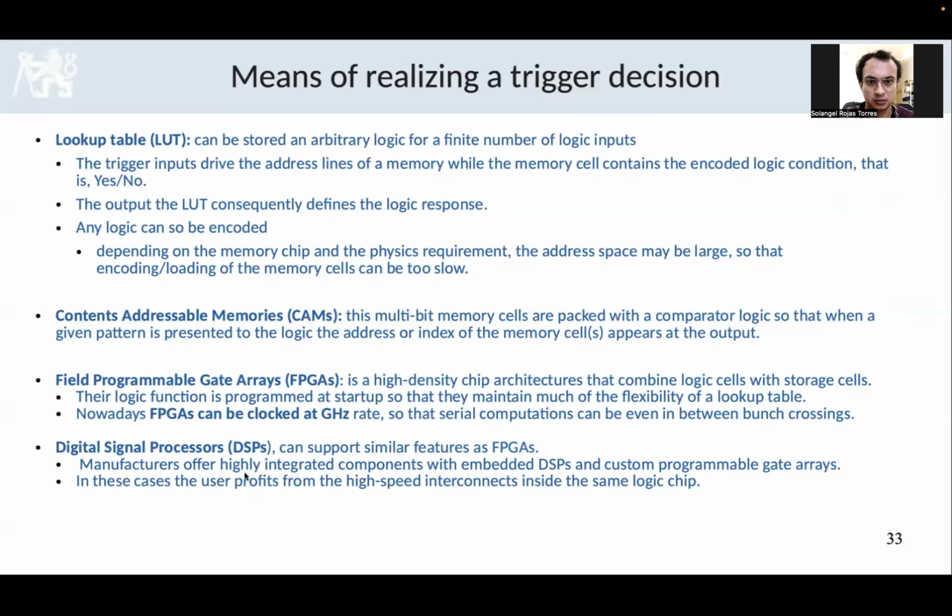This one is integrated. What this does is processing. So they have specific modules that do processing of digital signals, so they do calculations. And the FPGAs are not able to do any calculations.